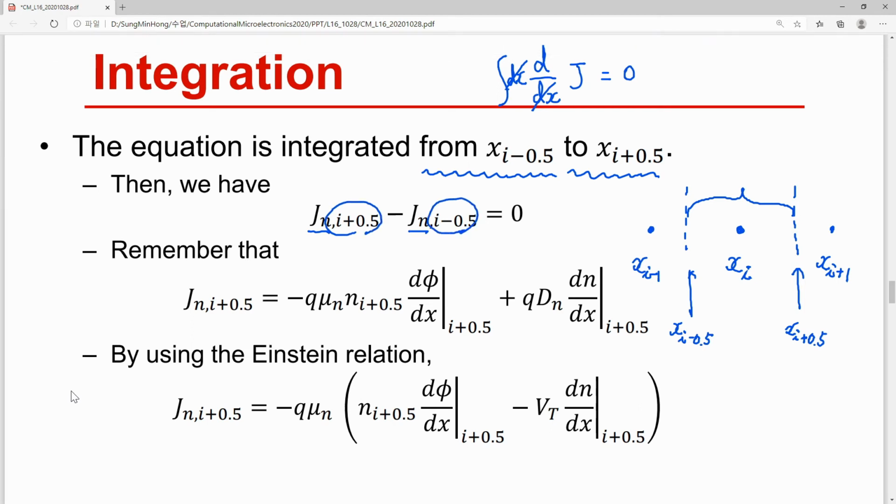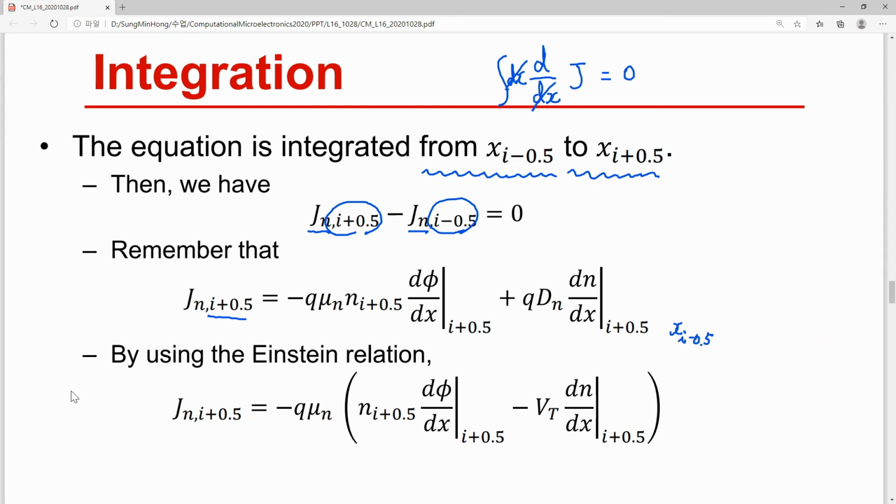That's it. So then how can you express our J sub n values at the upper bound or lower bound? Simply, it has the electric field dependent term and the gradient of electron density dependent term.